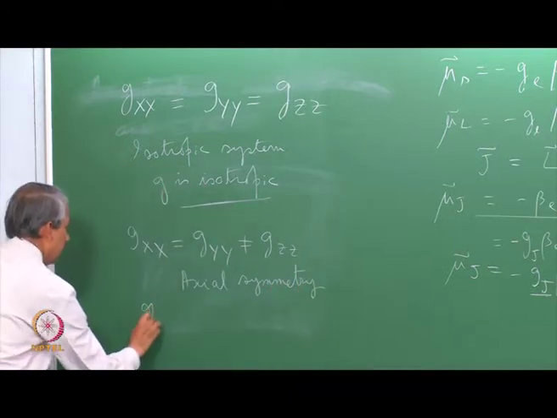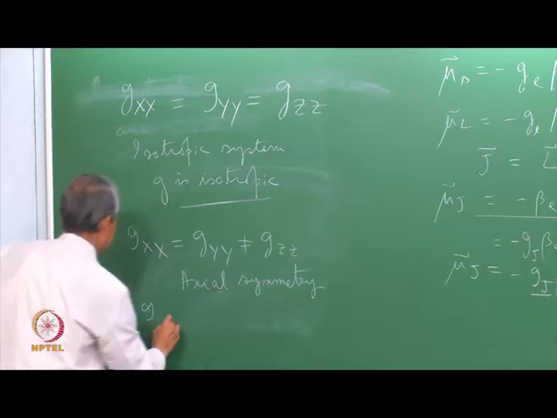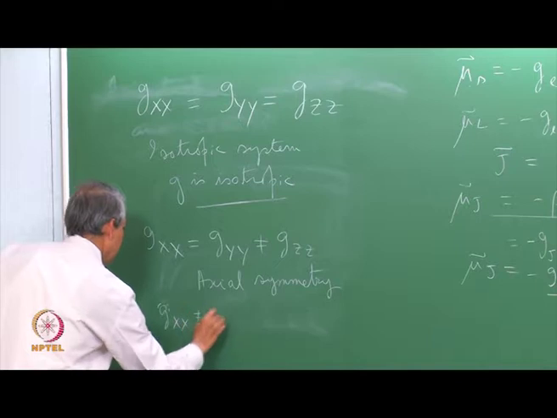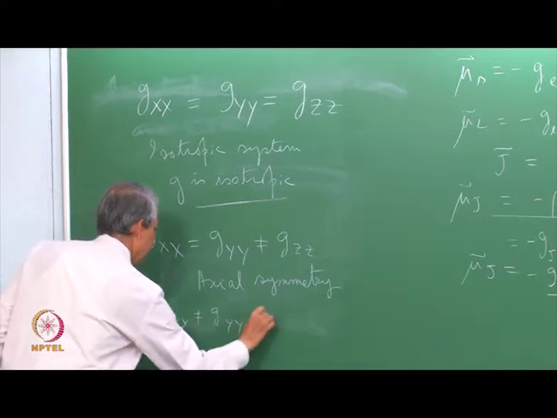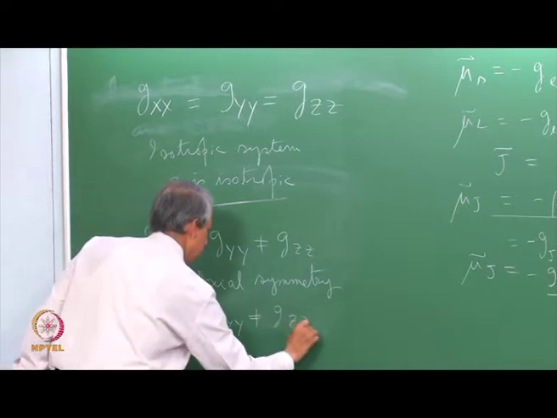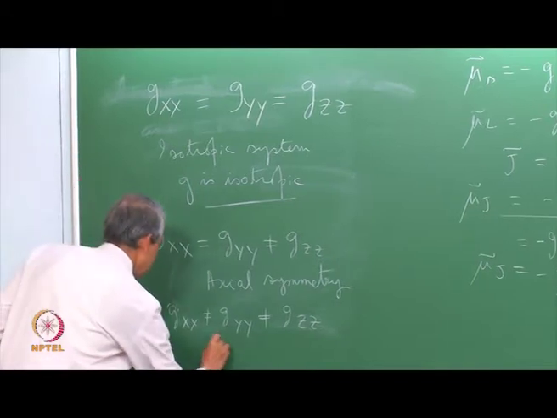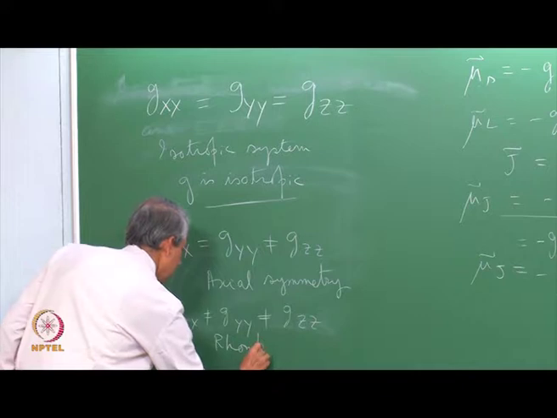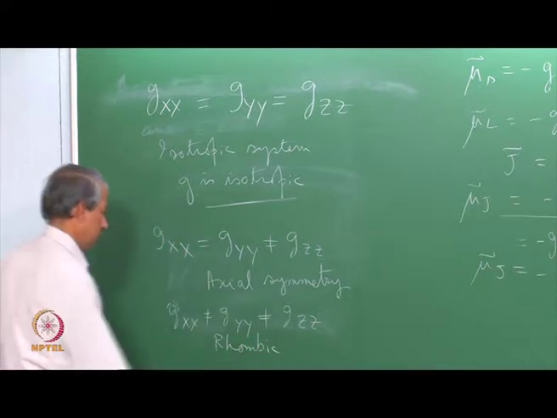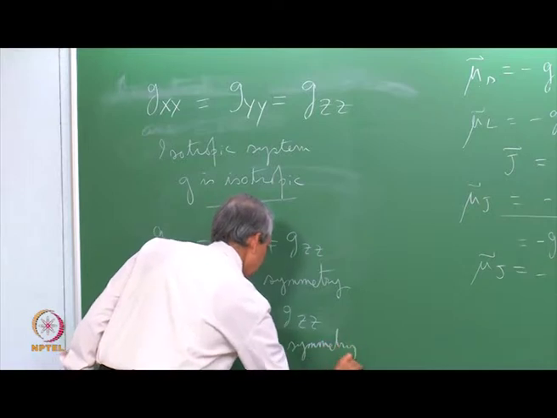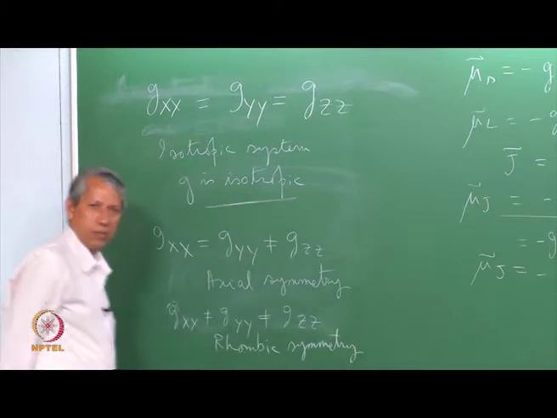And if all 3 are different, then we can say this is a rhombic symmetry. In a sense, no symmetry, so far as the G values are concerned.